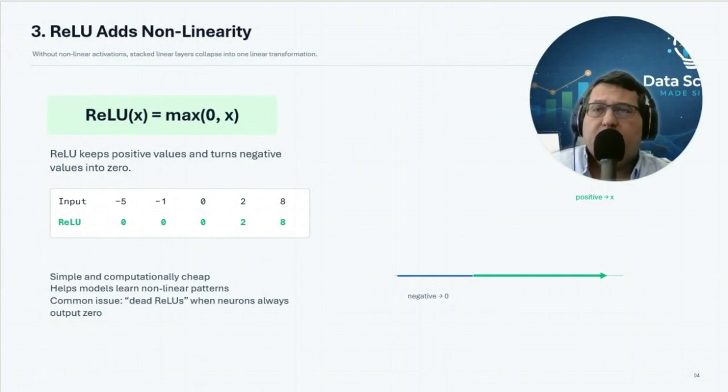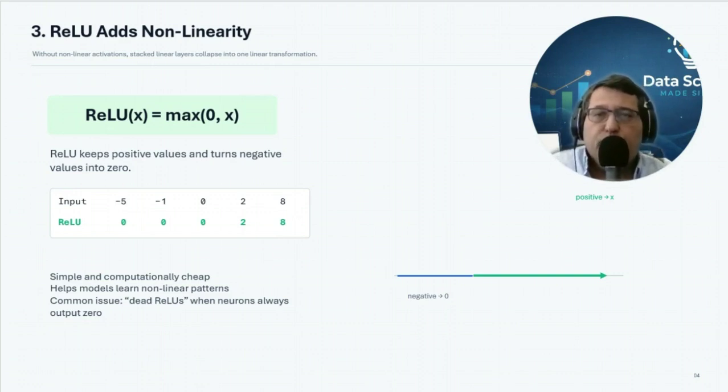Now we arrive at one of the most important concepts in neural networks, non-linearity. The fully connected layers we just discussed perform linear, or more precisely affine transformations. If we stack linear transformations without adding a nonlinear activation function, the entire network can effectively collapse into one large linear transformation.